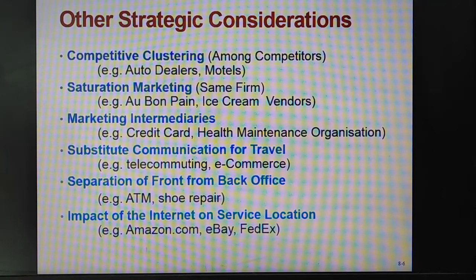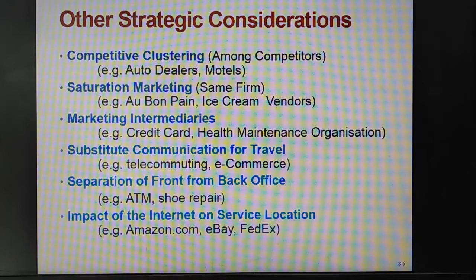Some other strategic considerations that need to be taken care of is, for example, competitive clustering. It means that among your competitors, actually you are competing, but that competition is good, because the more, for example, auto dealers in the area, the more customers will be attracted to come to that area of auto sales.